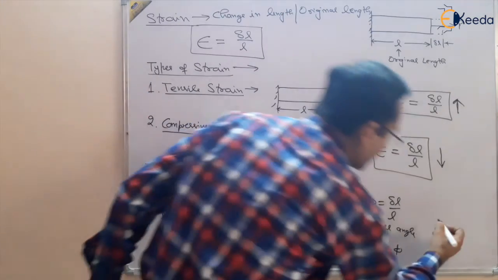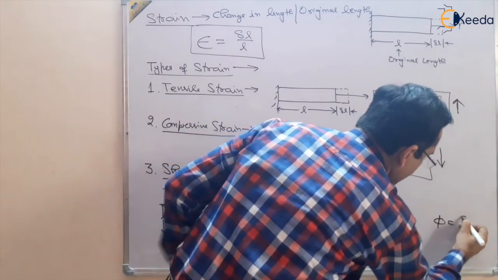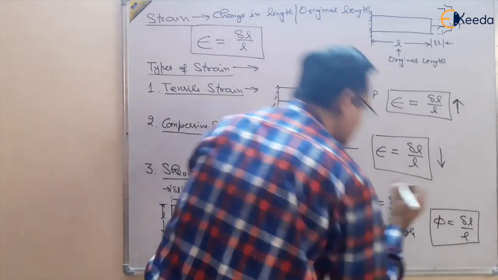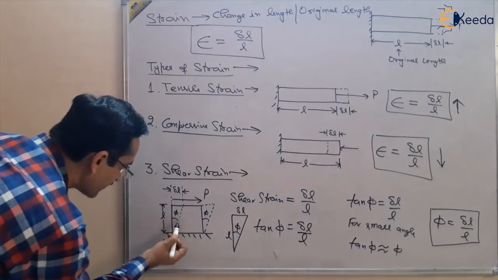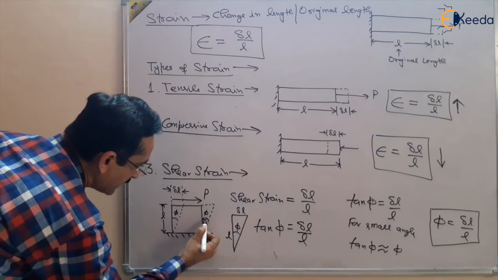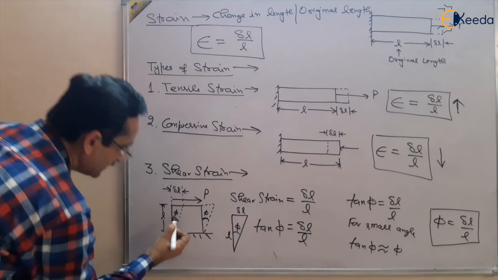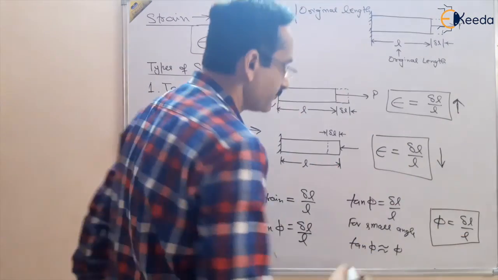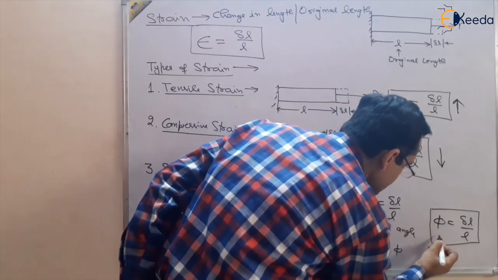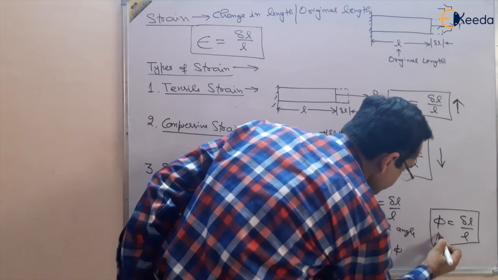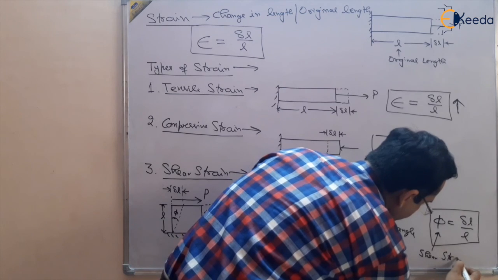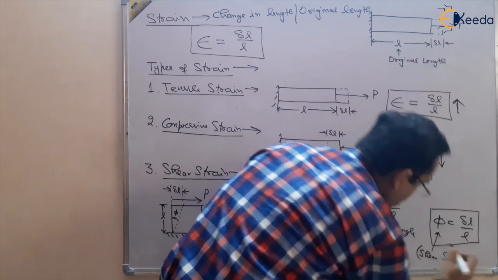So we can write that phi is equal to delta L upon L. This is the shear strain, and this phi is the symbol. This angle is basically the shear strain. So here this phi is shear strain.